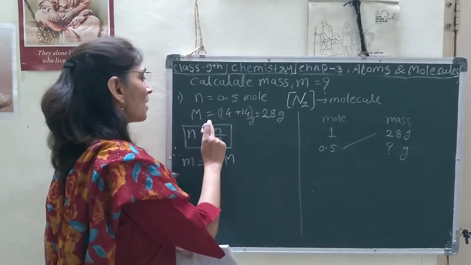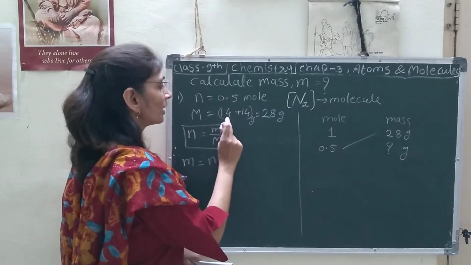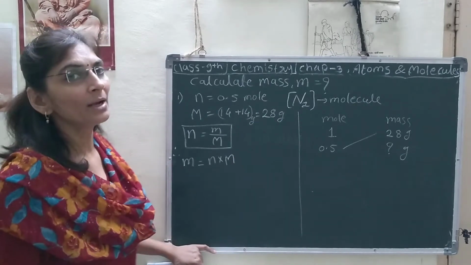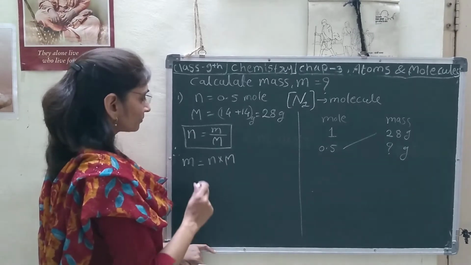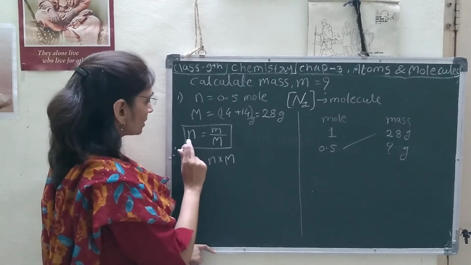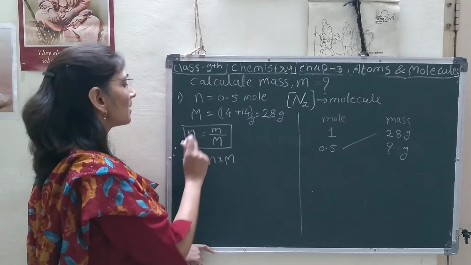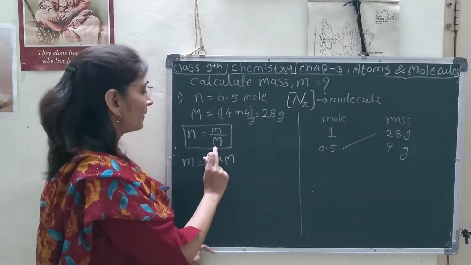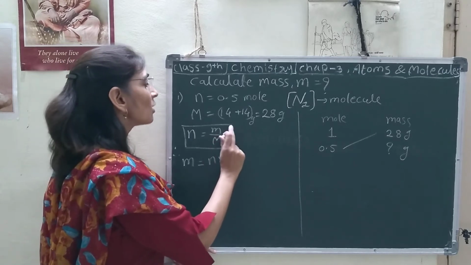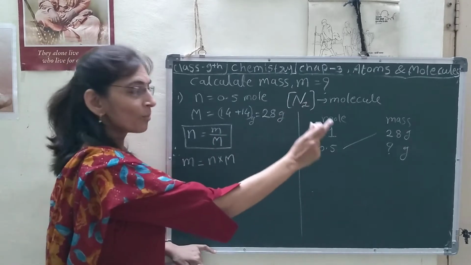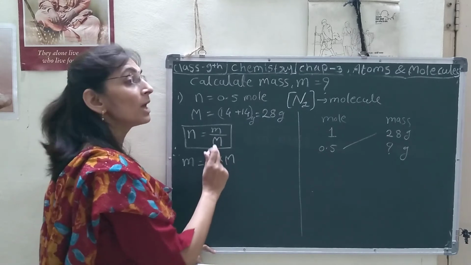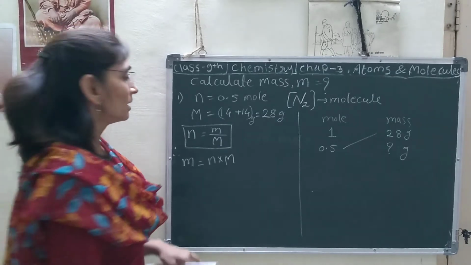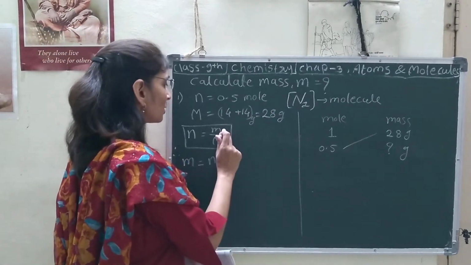So what molecular mass do we take here? 14 plus 14, as it is diatomic. That is 28 gram. Now the formula for number of moles: n is equal to small m upon capital M, means given mass of the nitrogen molecule upon molecular mass of the nitrogen molecule.